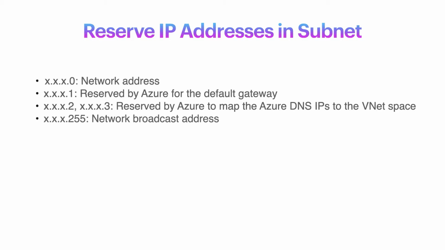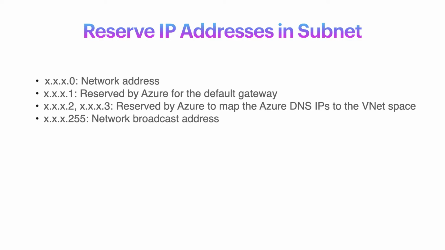Now the next two IP addresses are reserved by Azure to map the DNS IP to the VNET space. And the last IP address is reserved not by Azure, but by default as the network broadcast IP address. So these are the 5 IP addresses which you cannot use from the subnet.